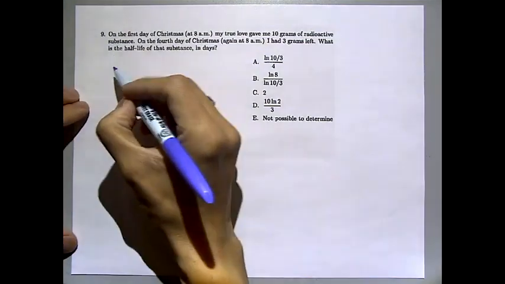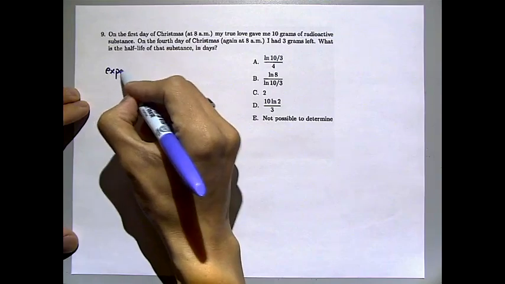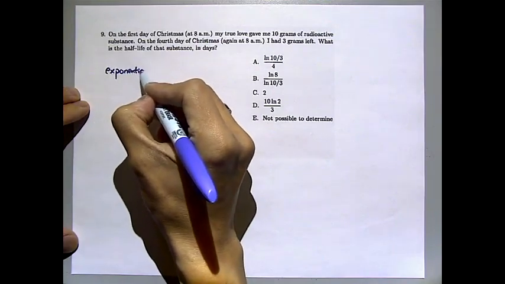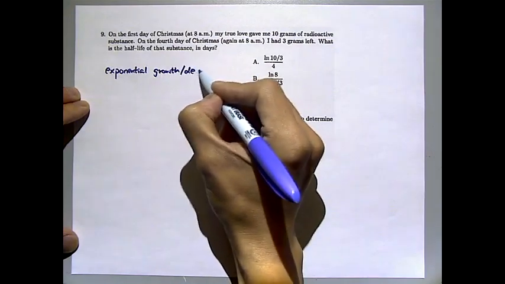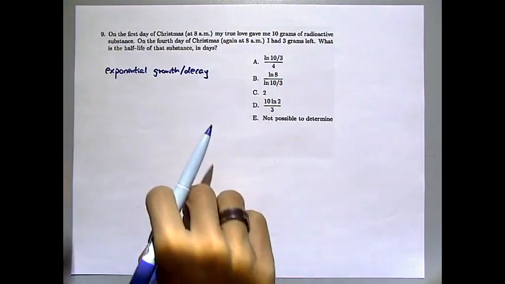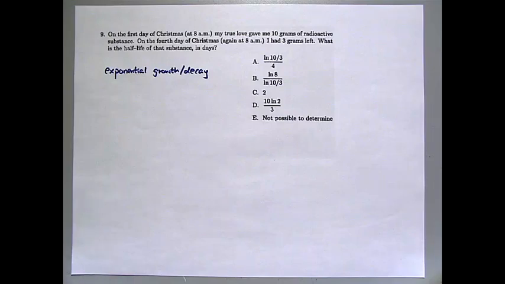Okay, so we have 10 grams. Remember, this is an exponential. By the way, don't worry. You're not going to see a Newton's law of cooling problem on the exam. That's just too messy and too complicated. There'll be some sort of basic exponential growth and decay, but no Newton's cooling problem on the exam.